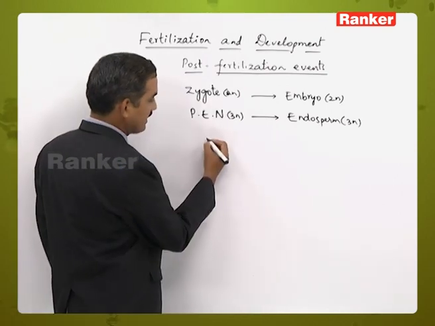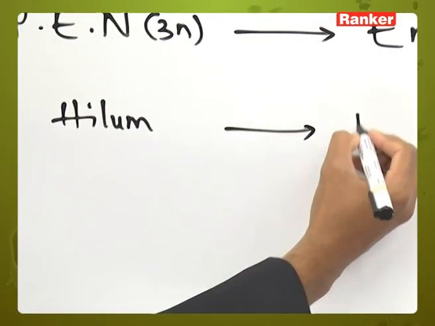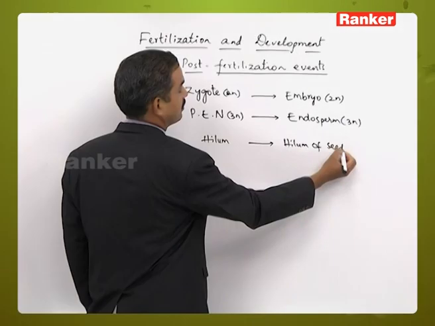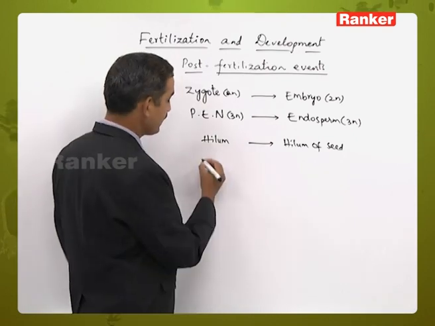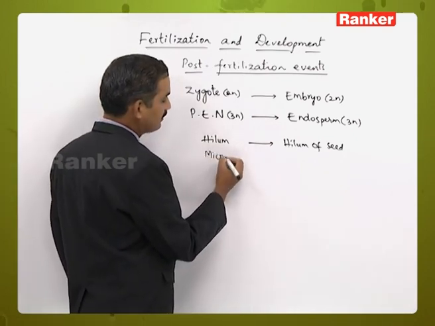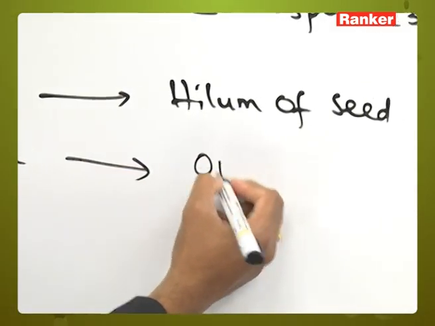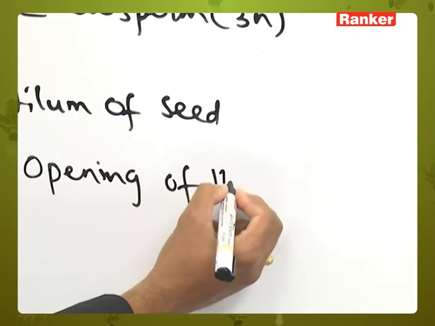Already we said, the hilum of the ovule is retained as the hilum of the seed. The micropyle of the ovule is present as a small opening of the seed.